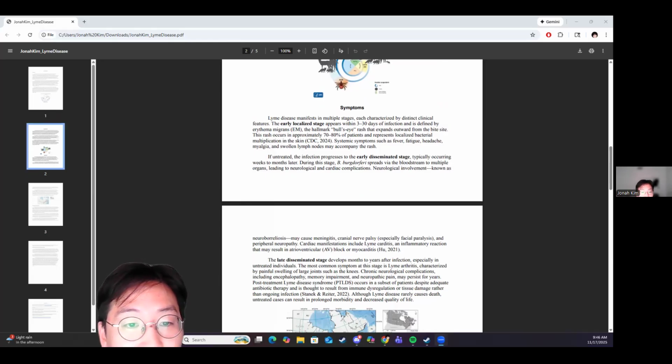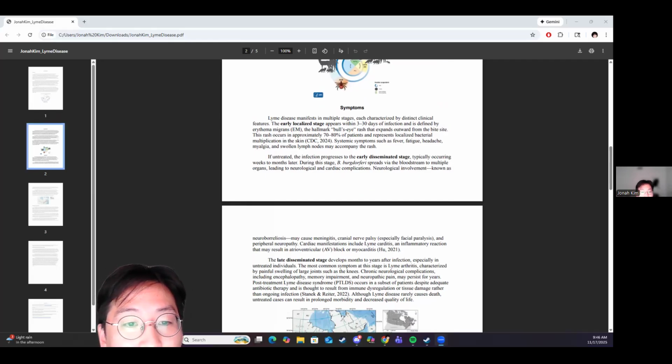For symptoms, the first stage is early localized infection, which happens days to weeks after the tick bite. The most recognizable sign is a red rash called erythema migrans, or the bullseye rash, often accompanied by fever, fatigue, and muscle aches. If untreated, Borrelia spreads through the bloodstream, causing the early disseminated stage.